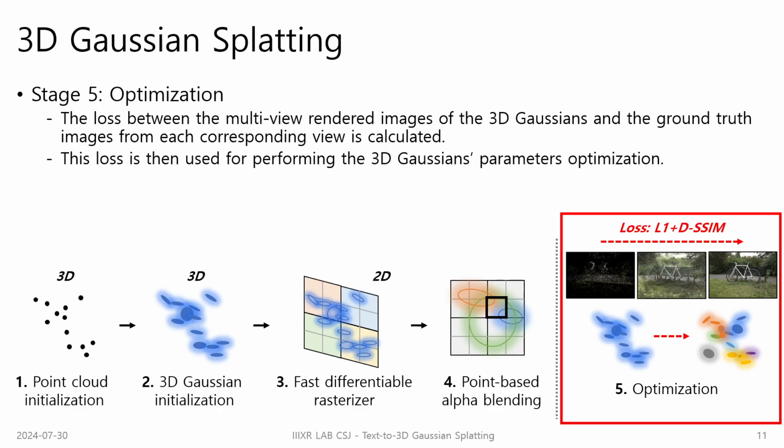For this, the loss between the multi-view rendered images of the 3D Gaussians and the ground truth images from each corresponding view is calculated. This loss is then used in backpropagation to perform the optimization. The loss is defined as the sum of the L1 loss and the DSSIM loss between the two images.